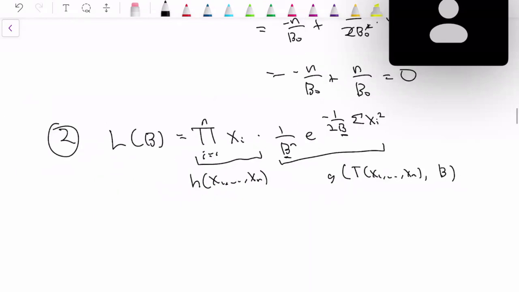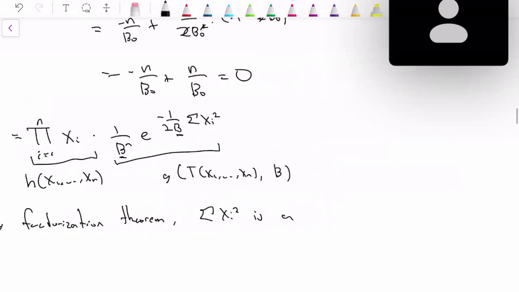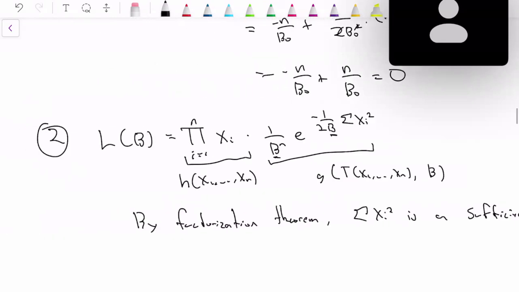So just by the factorization theorem, sum of xi squared is a sufficient statistic for beta.